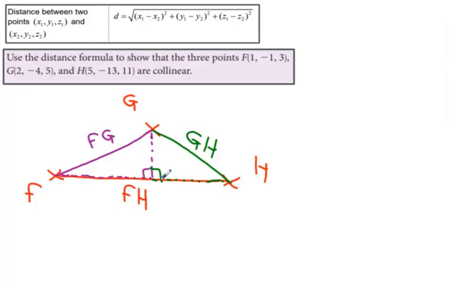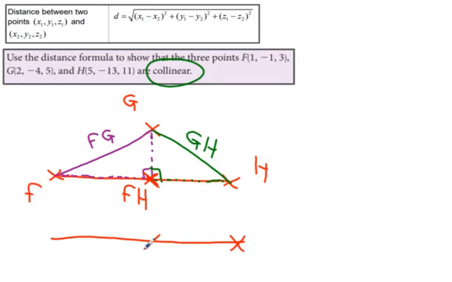So the reason why we can use a distance formula to show they're collinear: collinear means they all lie on the same line, right? So if we thought about moving that point, say G wasn't there, but was actually on the line, which would mean the whole arrangement looked like this.